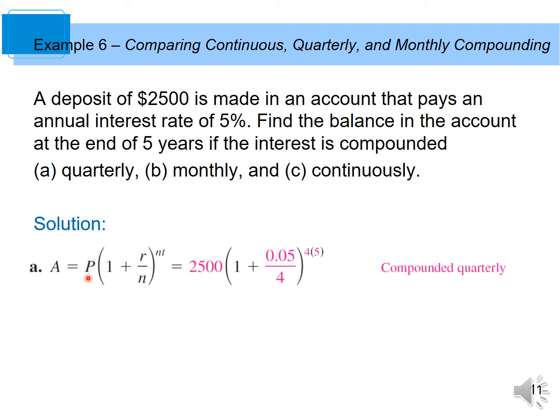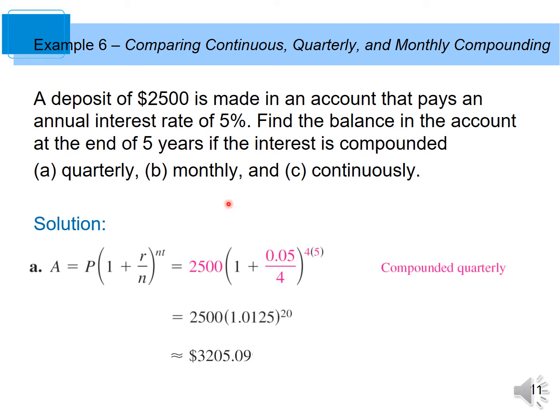So P is given as 2,500 and R is the annual interest rate 5%, so convert to decimal form, 0.05, and N over N. N is 4 because quarterly means 4 times a year, and T is 5 years. And you just calculate, you will get the answer.